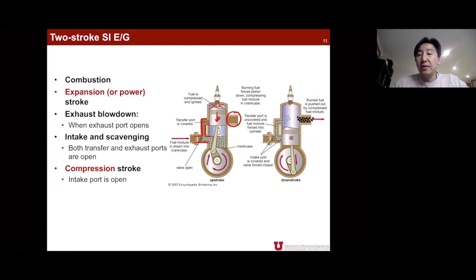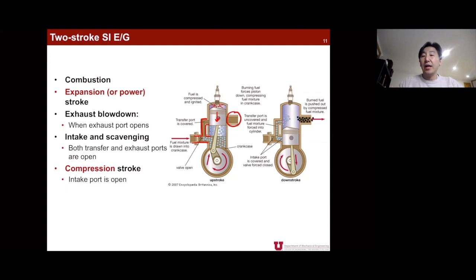Then the piston begins to move up to make a compression process. Because we don't have any valves, there are always certain possibilities that exhaust gas can flow back into the fresh pipelines for air and fuel mixture.